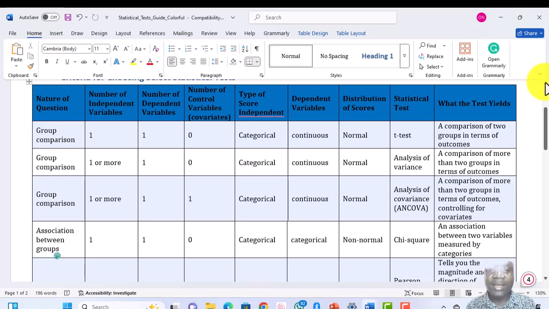So we have the categorical variable. That means the gender is in category, male and female. But the achievement, which is the dependent variable that depends on gender, is either on a scale of, maybe this test is over 10. Somebody can score 1, 2, 3, 4, 5. So it is continuous. And the distribution is normal. I have said it that most of the parametric statistics like t-test is a parametric statistics.